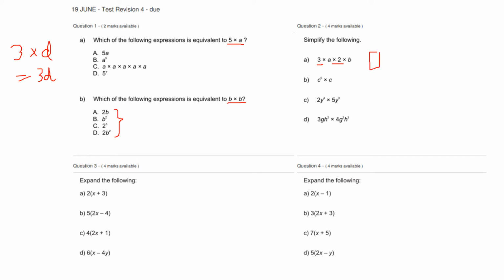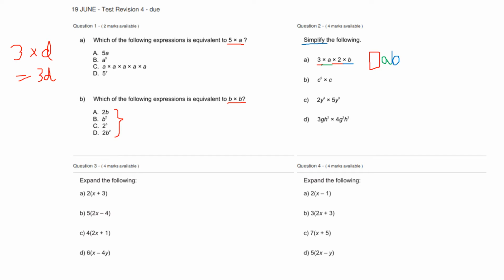And then I've got times by A. And I've got times by B. So we don't write the times sign in when we simplify. We just put the letters next to each other, next to the number.